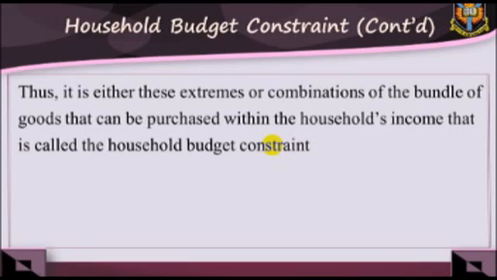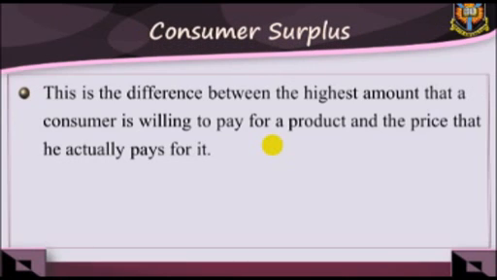Consumer surplus. This is the difference between the highest amount that a consumer is willing to pay for a product and the price that he actually pays for it. The term consumer surplus sometimes refers to the surplus received by a single buyer in a transaction.